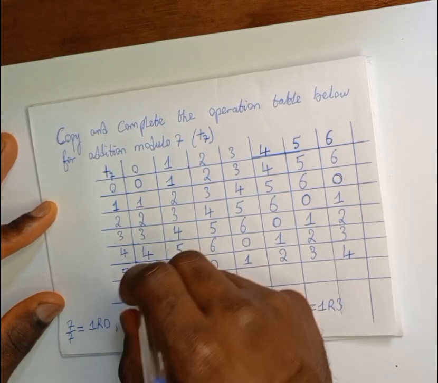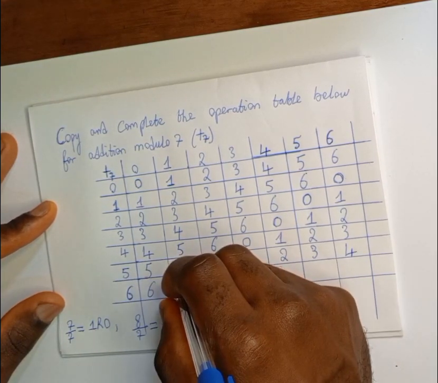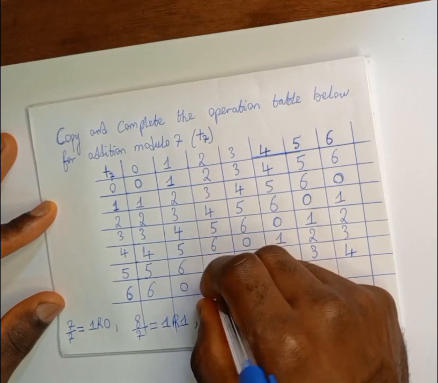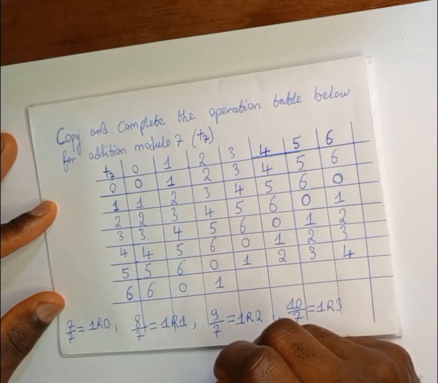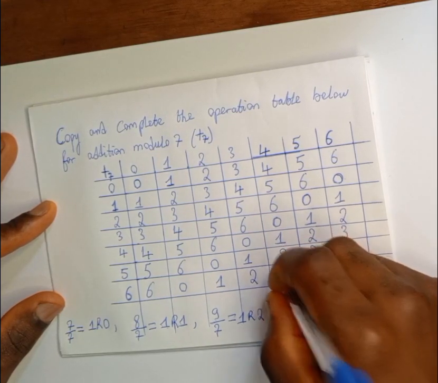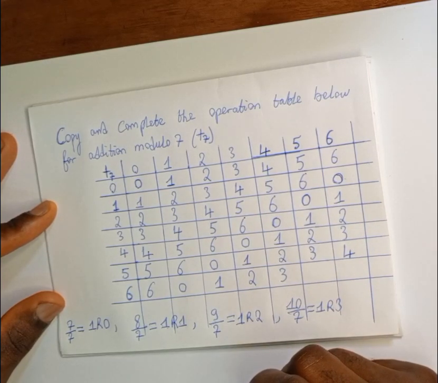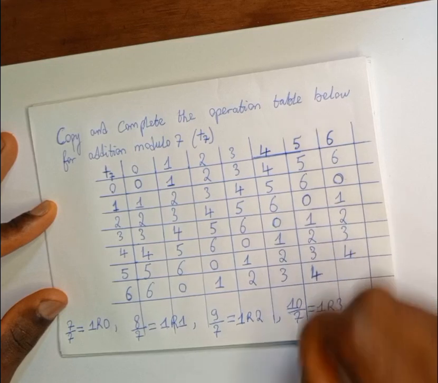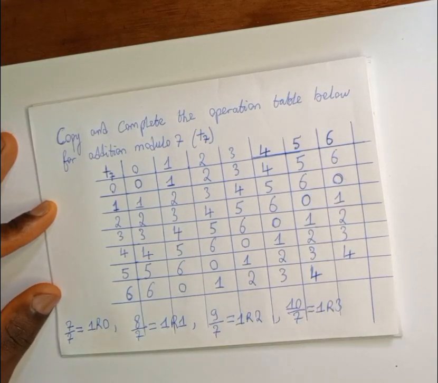We go now to 6. 6 plus 0 gives 6. 6 plus 1, 7. 7 in modulo 7, 0. 6 plus 2, 8. 8 in modulo 7, 1. 6 plus 3, 9. 9 in modulo 7 gives 2. 6 plus 4, 10. 10 in modulo 7 gives 3. 6 plus 5 gives 11. 11 in modulo 7 gives 4. 6 plus 6 gives 12. 12 divided by 7, it gives us 1 remainder 5.